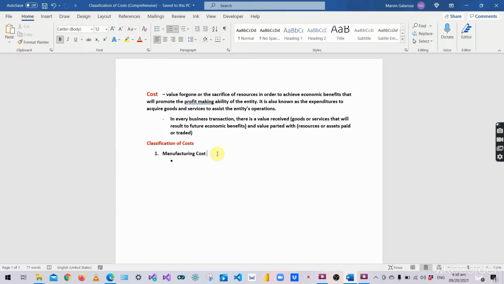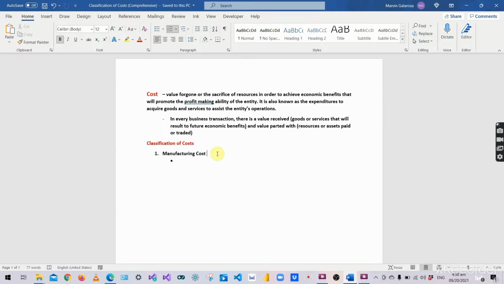Para nang sa ganon, maintindihan nyo yung mga items na makikita nyo sa schedule ng cost of goods manufactured. Kasi later, sa product costing, may encounter nyo doon yung job order costing and process costing, which dinidiscuss comprehensively sa cost accounting.